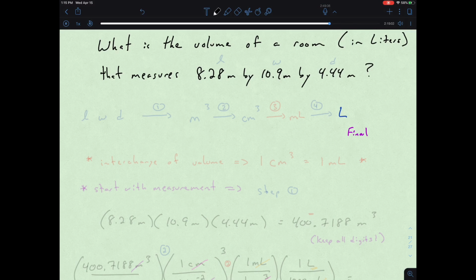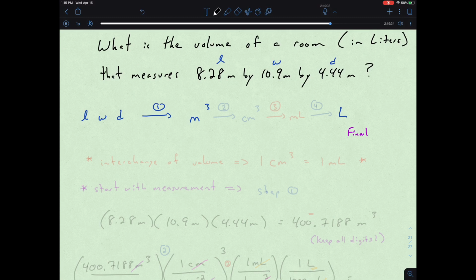Basically, we have a length, a width, and a depth, if you will. So hopefully that's setting us up for the idea of multidimensional conversions, meaning that if I go to step 1, I could get into a unit that is multidimensional, namely meters cubed.